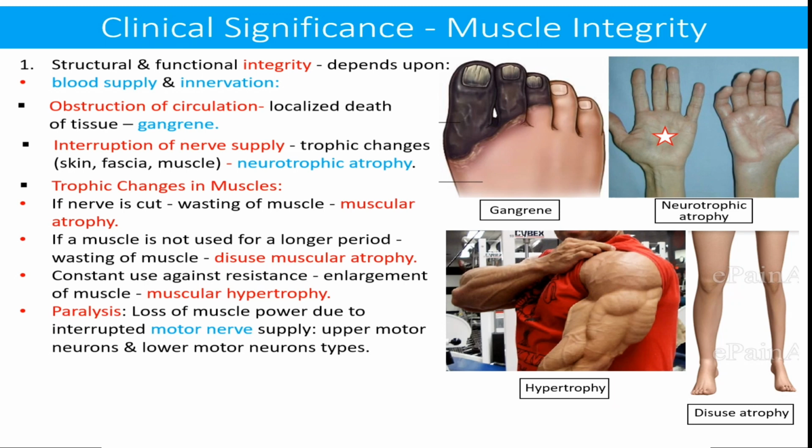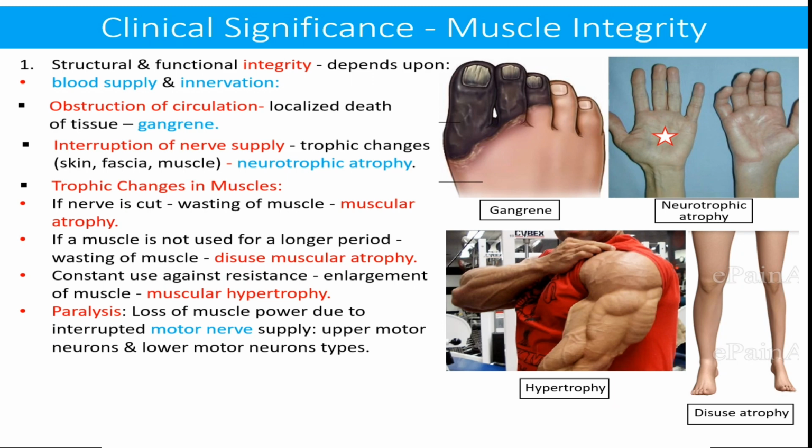Now, trophic changes in the muscle. If the nerve is cut altogether, wasting of the muscle takes place, which is named as muscular atrophy. If a muscle is not used for a longer time, wasting of the muscle occurs and the term used is disuse muscular atrophy.